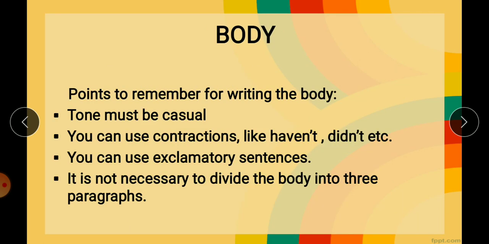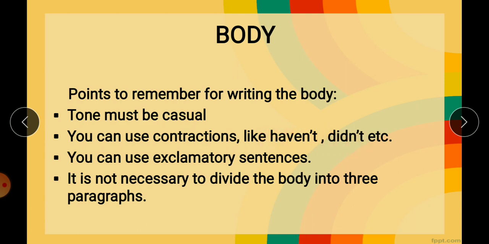Now while writing the body, some points you have to remember. First is tone must be casual. Casual means very easygoing, polite, or maybe not very heavy words must be there. So tone must be very casual. Words must be very simple and easy. You can use contractions like haven't, didn't, etc. Contractions, have not को हम haven't लिखते हैं, did not को didn't, hasn't.